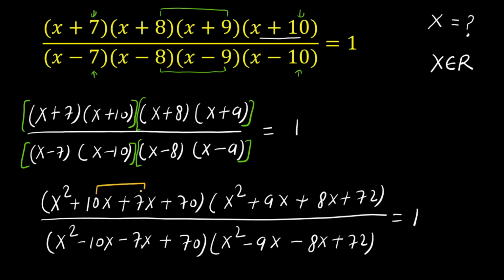10x plus 7x is 17x, 9x plus 8x is 17x, minus 10x minus 7x is minus 17x, and minus 9x minus 8x is minus 17x.